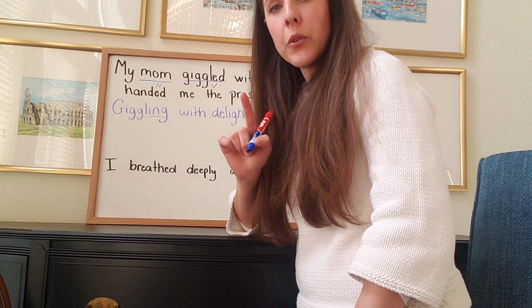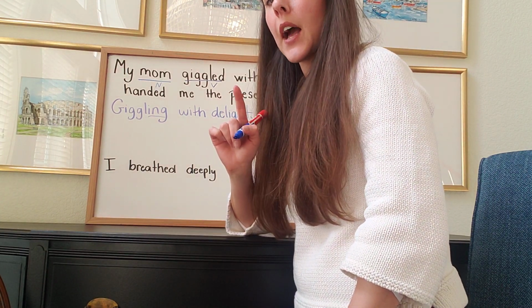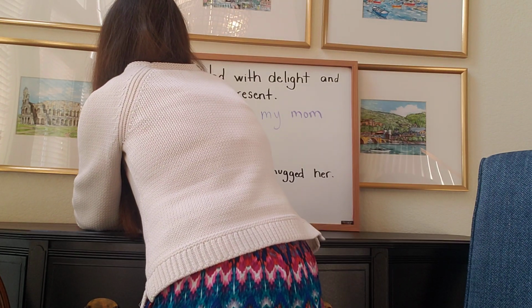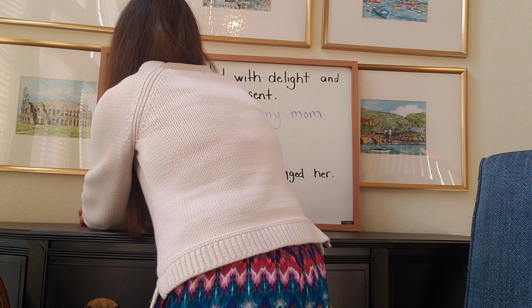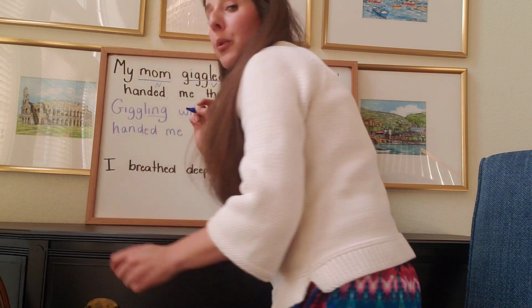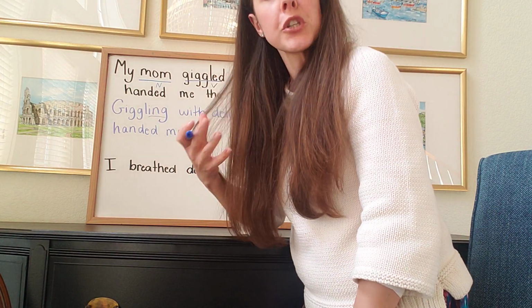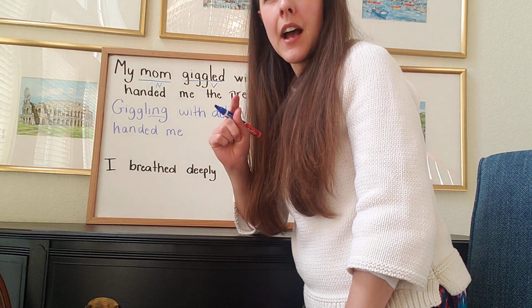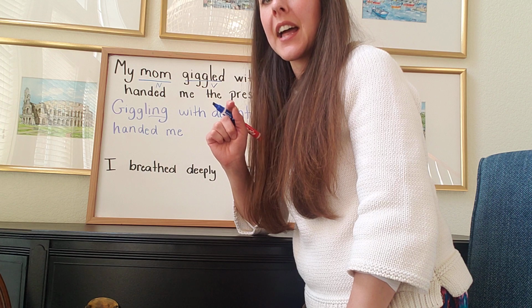Now, if I was following this sentence exactly, I would write, handed me the present. My mom handed me, but this time I also have the opportunity to revise my sentences to make them more descriptive or more interesting. So instead of saying the present, I'm going to see this as an opportunity to add in a word referent.